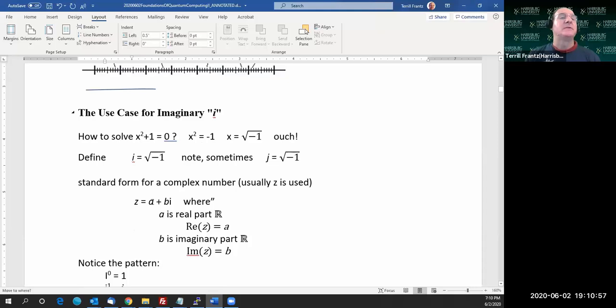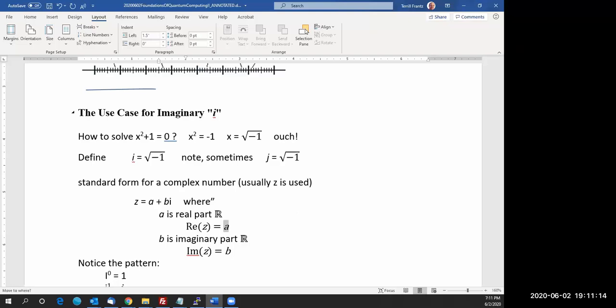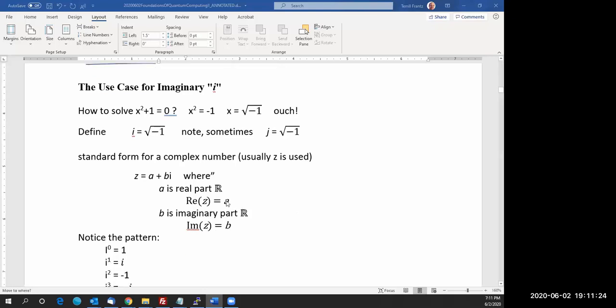This is known as the real part, and in some programming languages and textbooks you'll see it as Re(z), and that is the a. In some circles, the imaginary part b is referred to as Im(z), which is essentially b. Now, a and b can be real numbers.